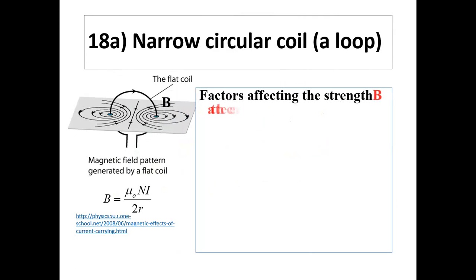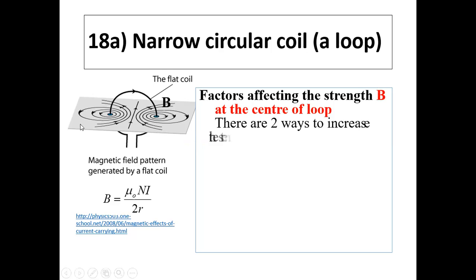Factors affecting the magnetic field strength. This is B at the center. R, in this case, is the radius. N is the number of turns. I is the current passing through this flat coil, or loop, or circular coil.